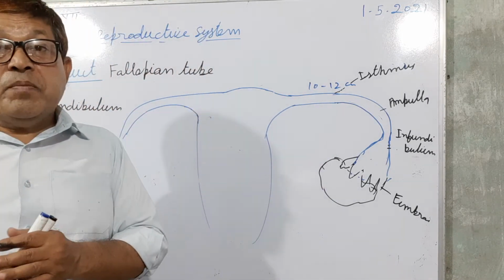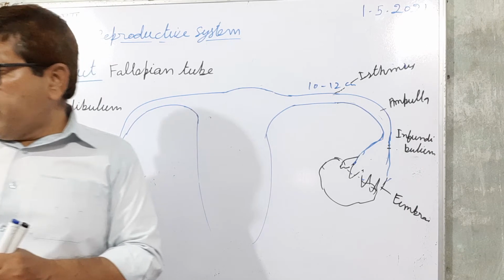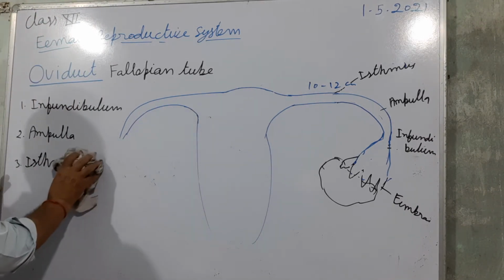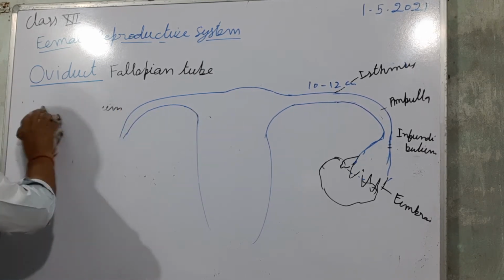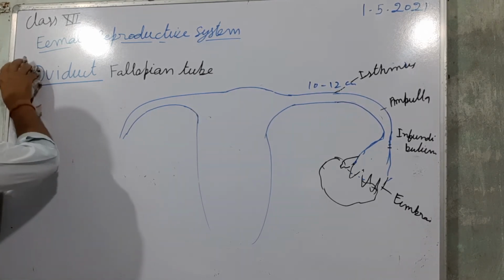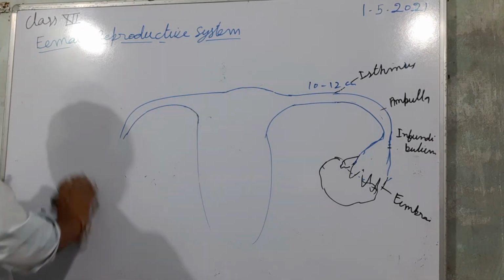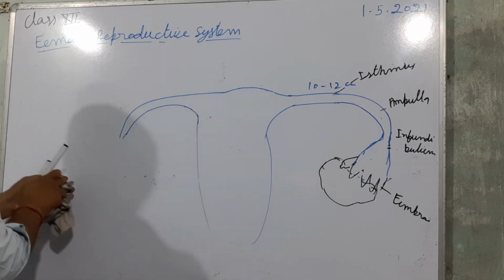Now, next part is uterus. After the oviduct or the fallopian tube, next part is uterus.